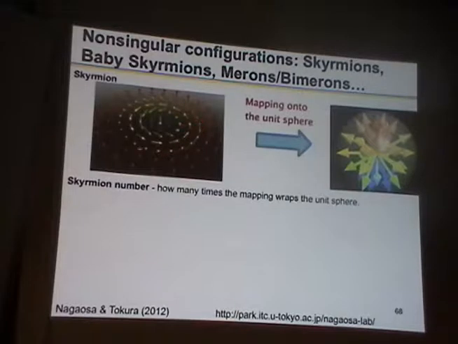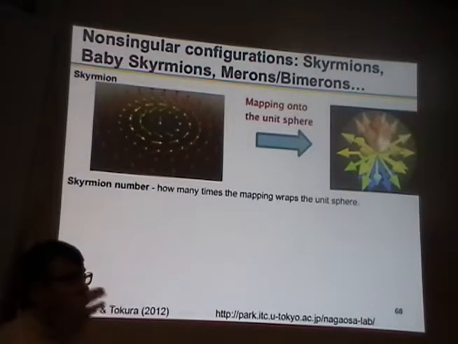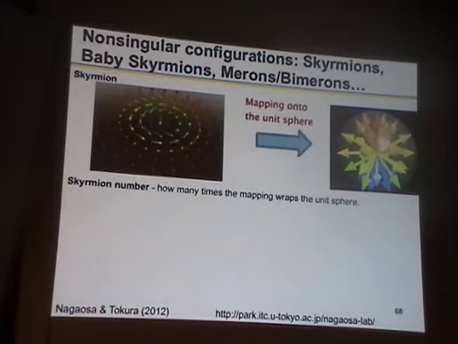And also, you can note that in such a structure, you have all possible orientations of quantization. So if you were to map the field configuration you have in here onto the unit sphere, you would fully cover the sphere. So they have properties similar to topological defects, and this makes them very interesting.